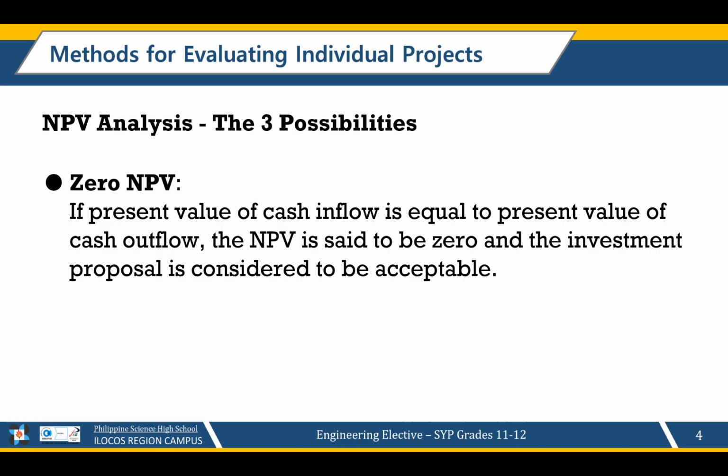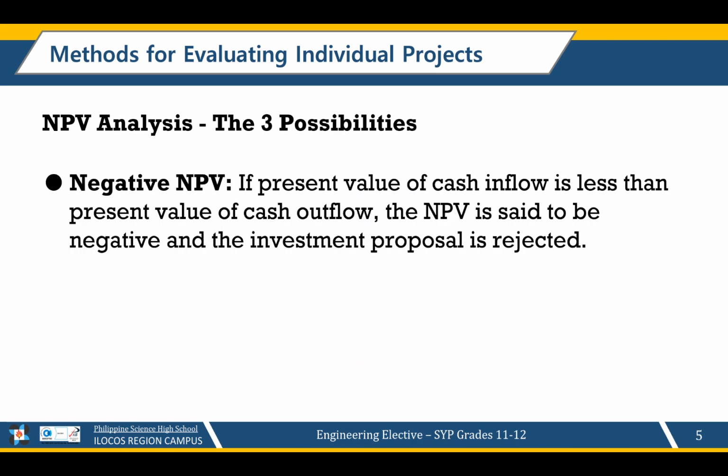So if we have a 0 NPV, we can also consider the proposal as acceptable. However, if we have a negative NPV, we reject that proposal since our present value of cash inflow is now less than the present value of our outflow.